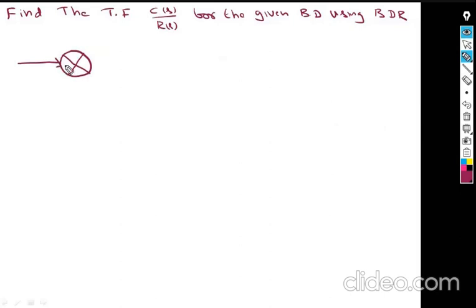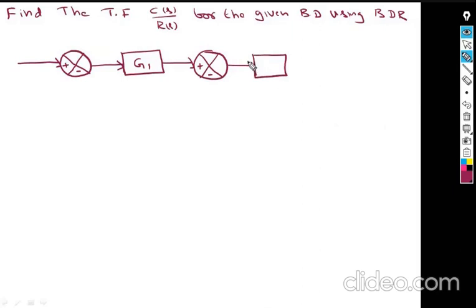So myself I am going to solve this problem, don't worry. In this particular block, T of S is the output signal and R of S is the input.